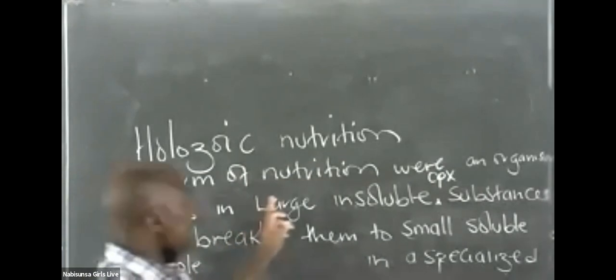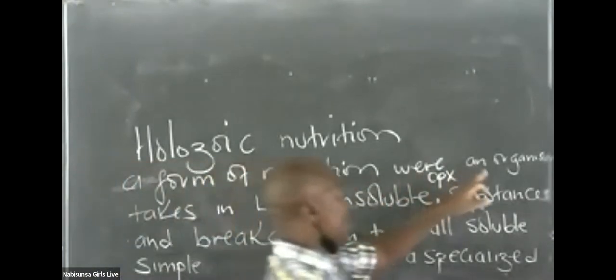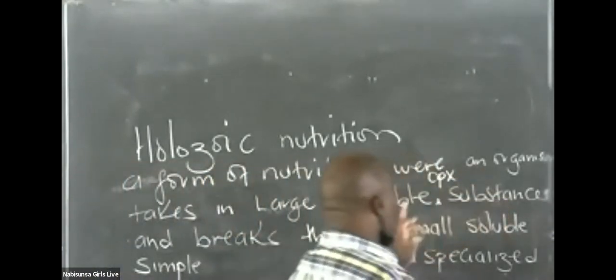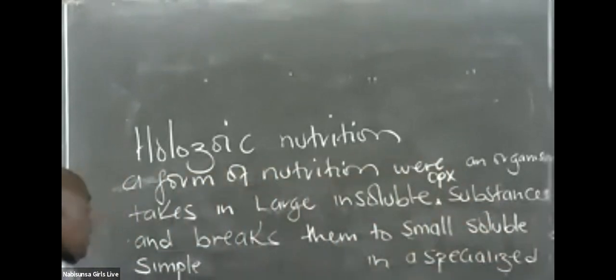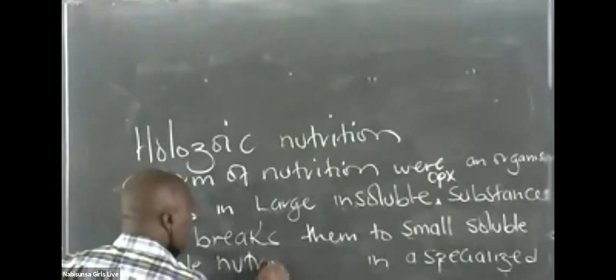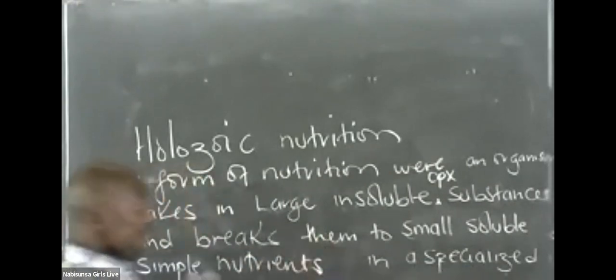So we are saying large, insoluble, complex nutrients, small, soluble, simple nutrients, or substances.